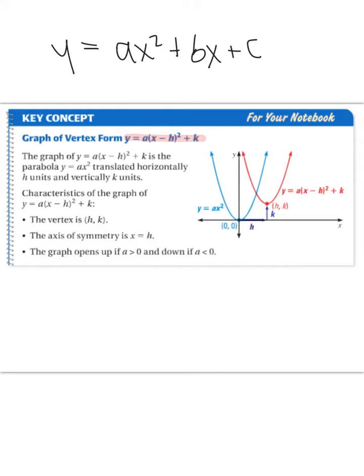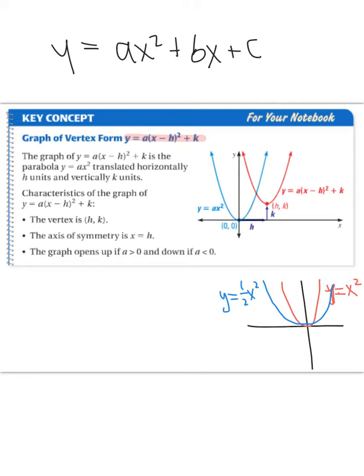So we talked about how the parabola y equals x squared goes through the origin. And we also talked about how if we had y equals 1/2 x squared, that was wider.